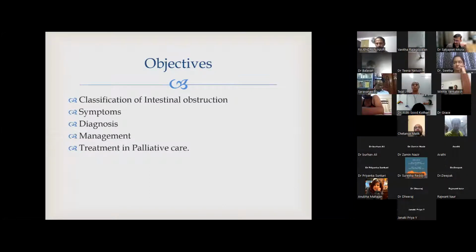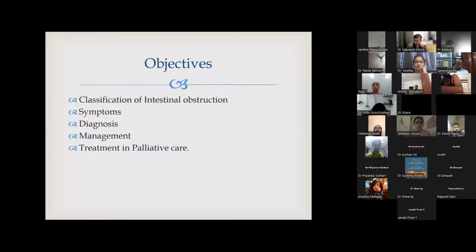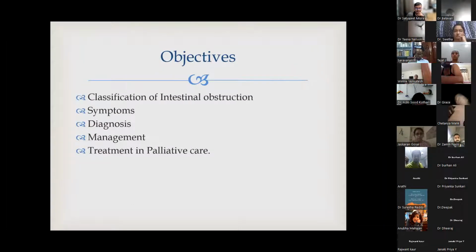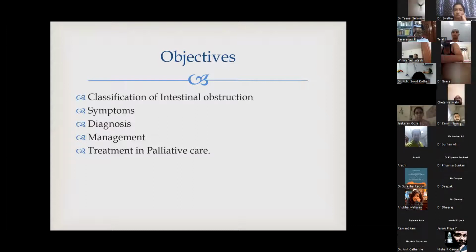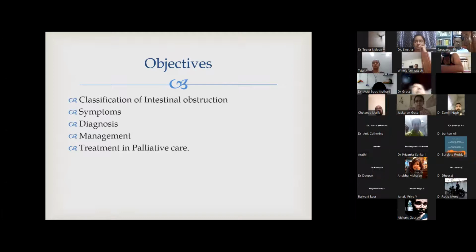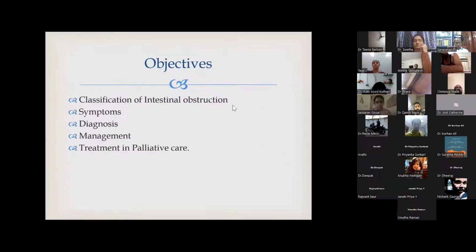How is it different from how you treat bowel obstruction in the curative phase of the disease trajectory? Right. So would you like to share what symptoms your patients could present to you with?